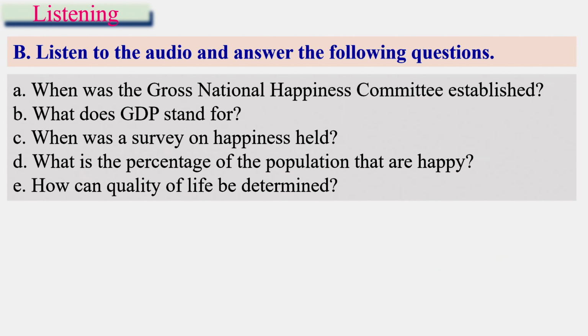Okay. In 2008, the Gross National Happiness Committee was formed in Bhutan to take care of the people's inner peace. Bhutan is the only country in the world that has an official Ministry of Happiness. They believe GNH, or Gross National Happiness, is just as important to measure as GDP, also known as Gross Domestic Product. In 2015, they organized an extensive survey, interviewing people about how happy they are.